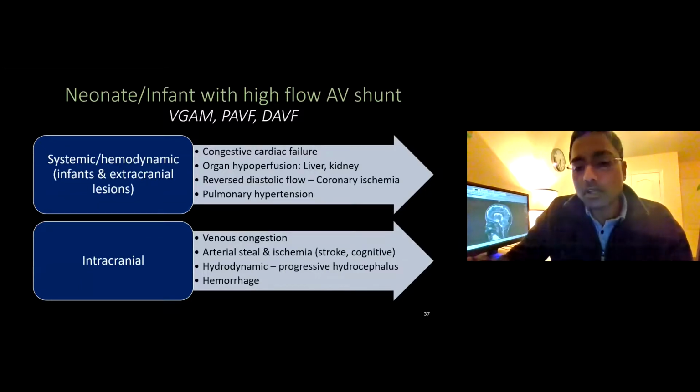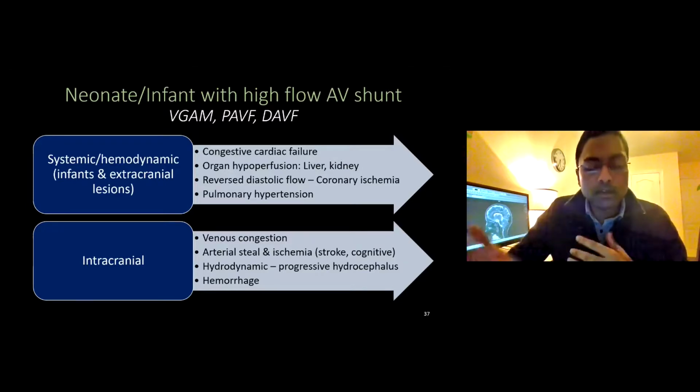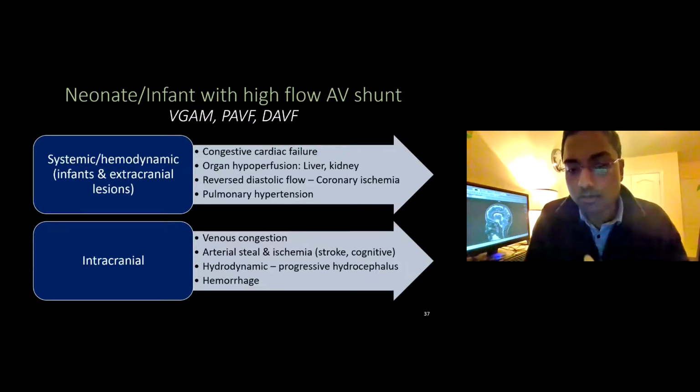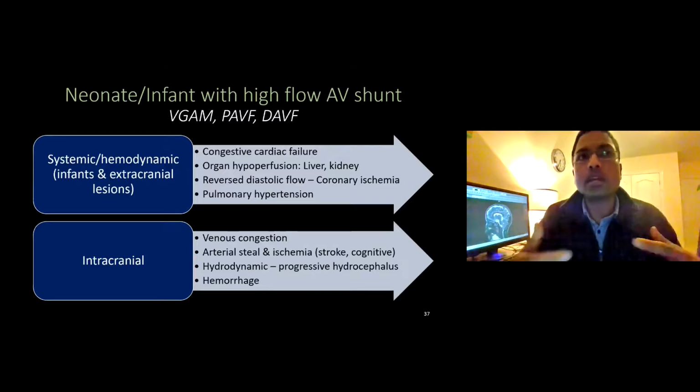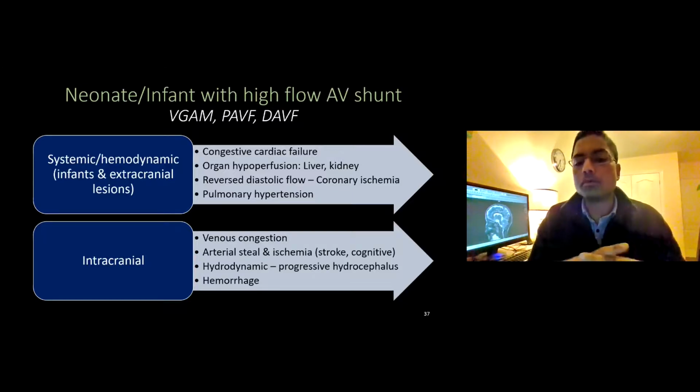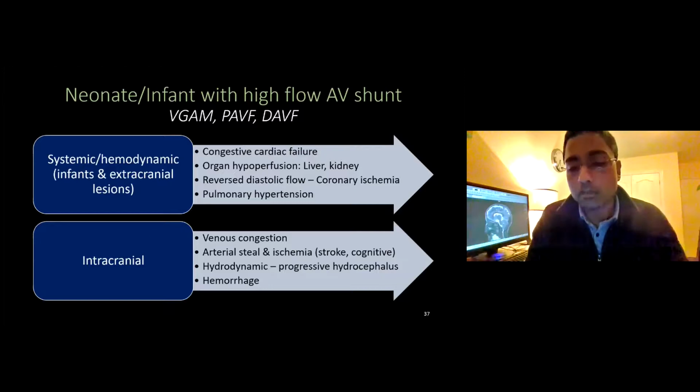They can have organ failure because of hypoperfusion, and as I said, they can also have coronary ischemia and pulmonary hypertension with this right to left shunting. Intracranially, as we saw, they can have both on the venous side, venous congestion and hemorrhagic infarcts, but also arterial steal and ischemia. And then over time, they develop this hydrodynamic disorder with progressive hydrocephalus and white matter dysmaturation.